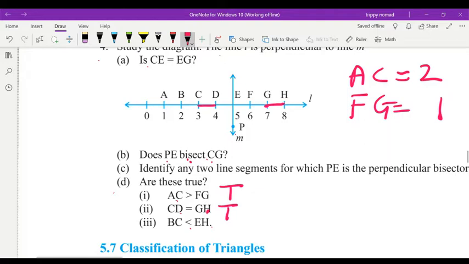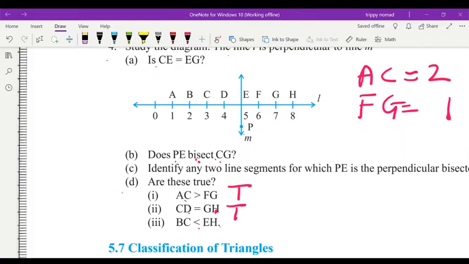BC is 1 unit, and EH is 3 units: 1, 2, 3. So BC is smaller than EH. So it is also true.